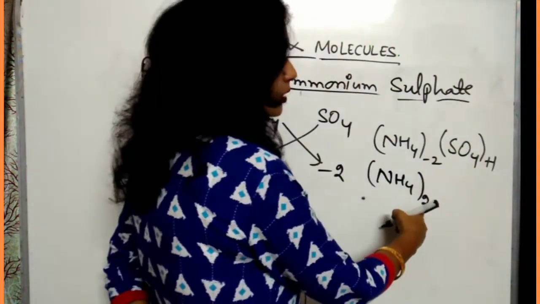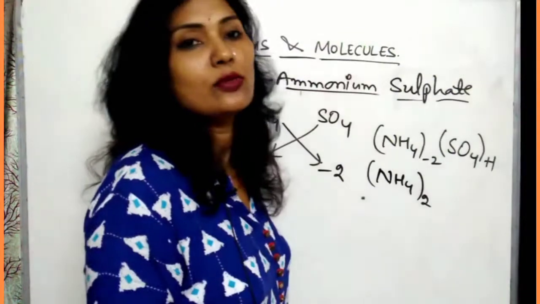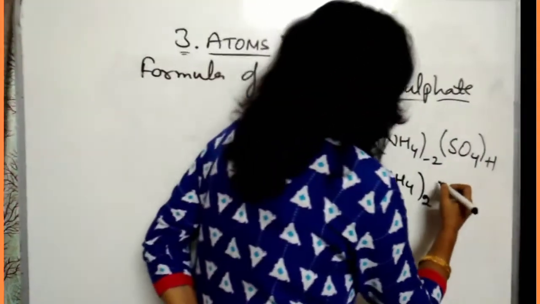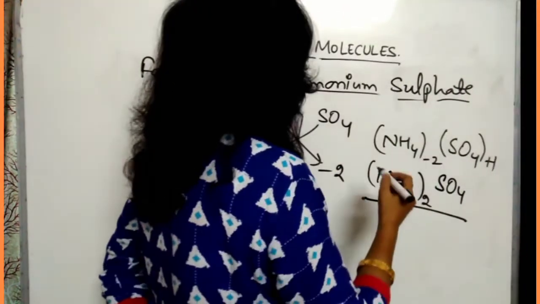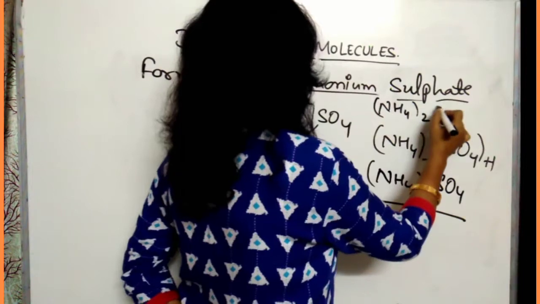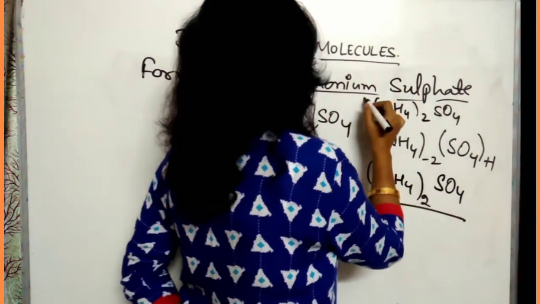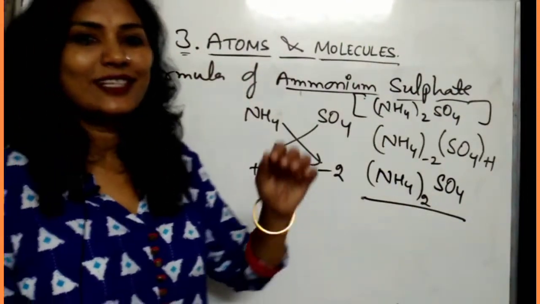This 2 is for the whole group, N and H both will be there. Okay, and SO4. So this is the formula of ammonium sulfate, (NH4)2SO4.